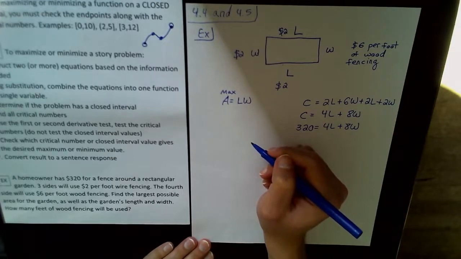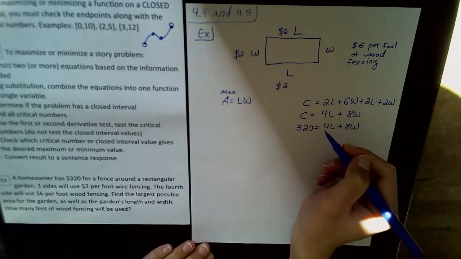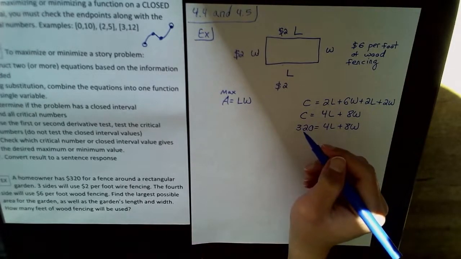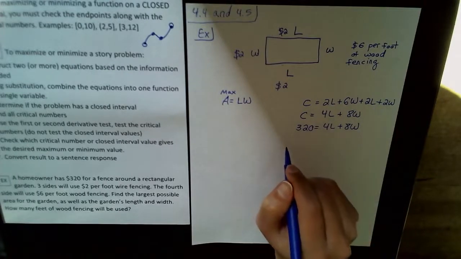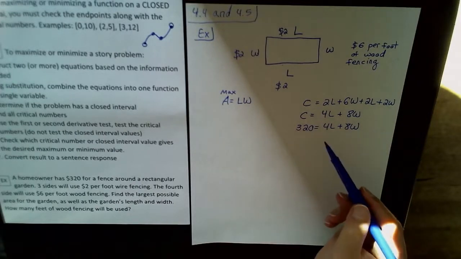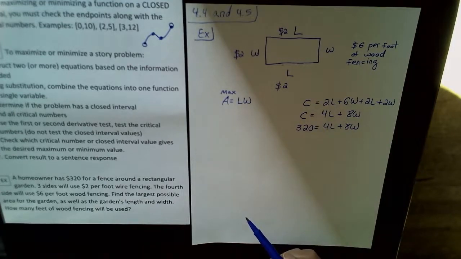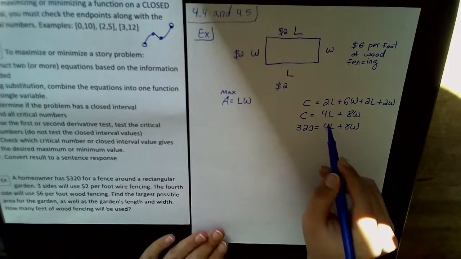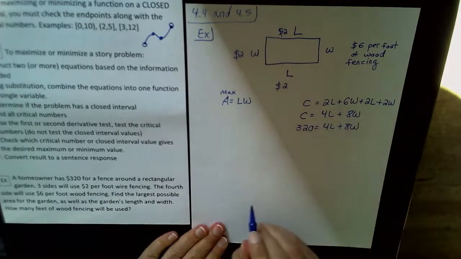Alright, so from here, we've now set up step 1 of our procedure. We've created 2 equations based on the information that was provided. From here, we need to substitute one of the equations into the other. And the way we need to do that is by solving for one of our variables and plugging it into the other equation.